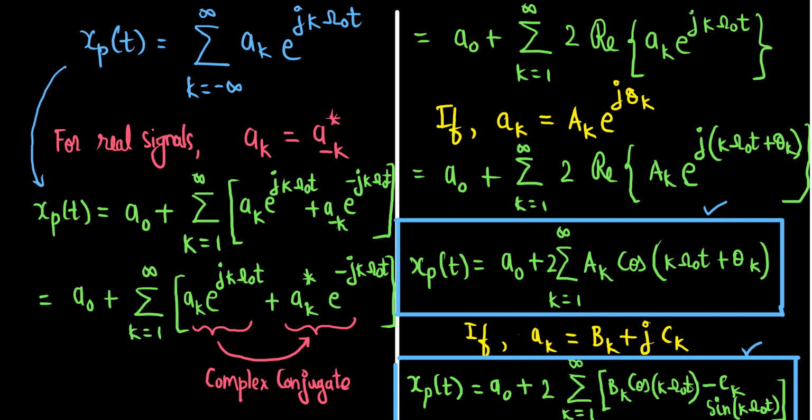If I represent ak with an exponential or polar form, I get this expression, and if I represent ak in Cartesian form, I get this expression. Both of these expressions are equivalent. These are the expressions of the Fourier series representation of real periodic signals.